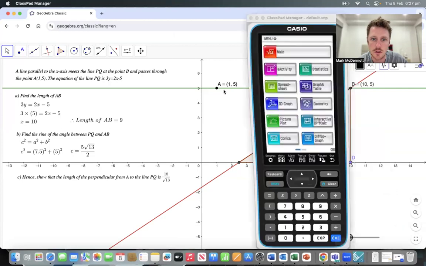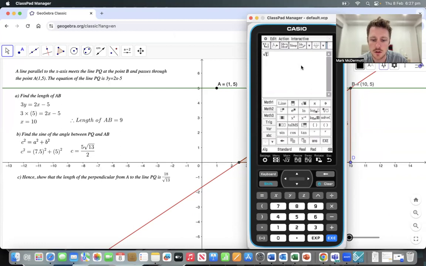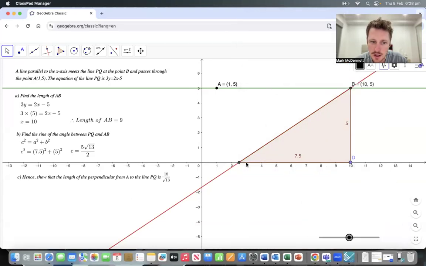If we go to main, clear all, the square root of 7.5 squared plus 5 squared is 5 root 13 on 2. So that's where that exact value has come from. If I want it as a decimal, it's about 9 and a bit. So we can see that that's the length of c.